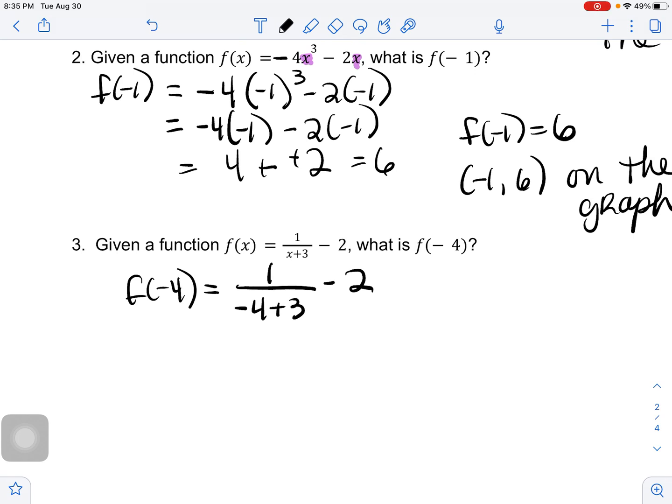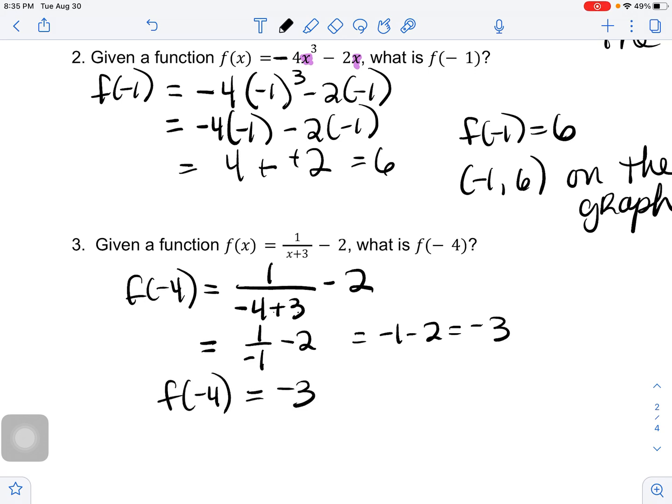Rational coming from the word ratio, coming from the fact that there's a fraction in that function. So let's simplify it. -4 plus 3 is -1, so that's 1 over -1 minus 2. So that's -1 minus 2, which equals -3. So f of -4 equals -3.